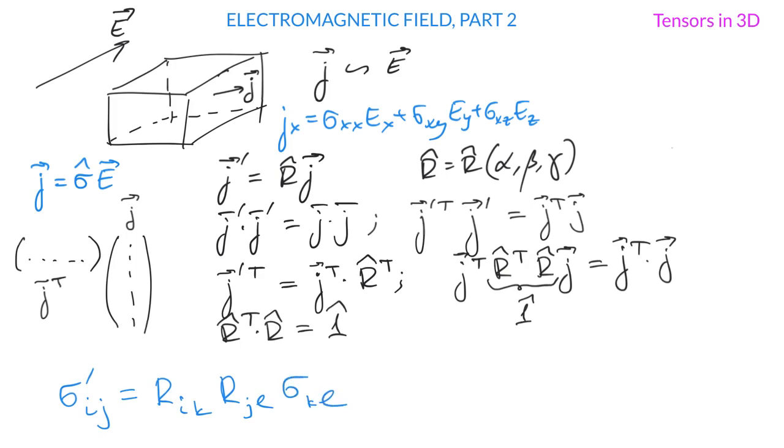So the same rotation matrices that act on vectors act on tensors too, but there's a separate rotation matrix acting on each index of a tensor. So R ik, k is contracted with this k, and the result goes into the i index, and the second index is acted upon by the second R matrix. So R jl, and l is contracted with the second index of sigma.